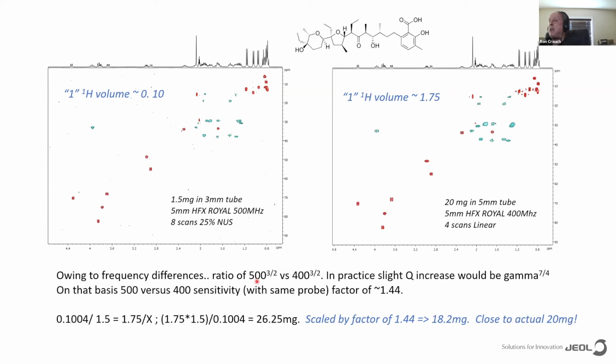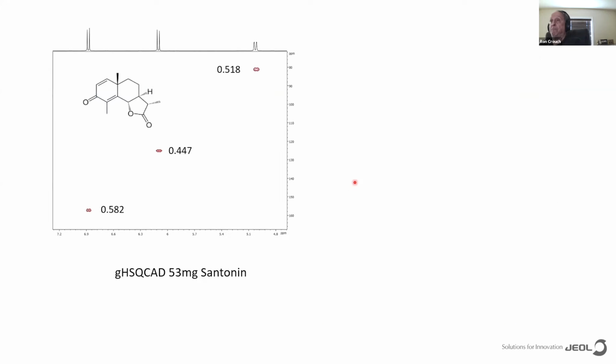So it's 500 to the 1.75 versus 500 to the 1.5, but still you ratio those two. So I'll split the difference here, 1.44. If we simply take the ratios of the cross peak volumes we get in these two spectra, compute a value, scale it by the gamma, we come out with 18.2 milligrams, which is pretty darn close to 20 milligrams. So that's a completely silly thing to do, but it does in fact work.